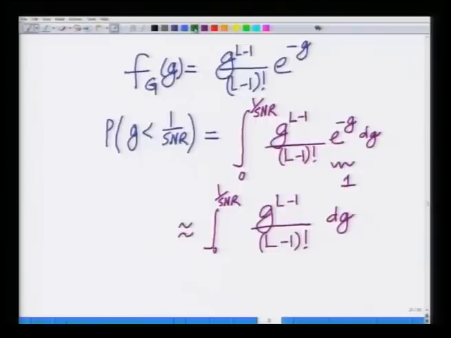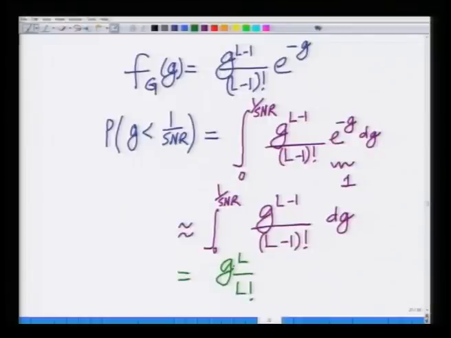Now, the integral of G power L minus 1 is nothing but G power L divided by L. So, this is G power L divided by L, and L times L minus 1 factorial is nothing but L factorial.